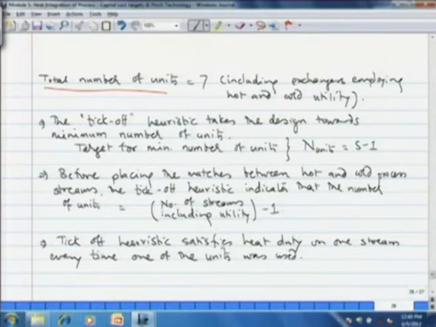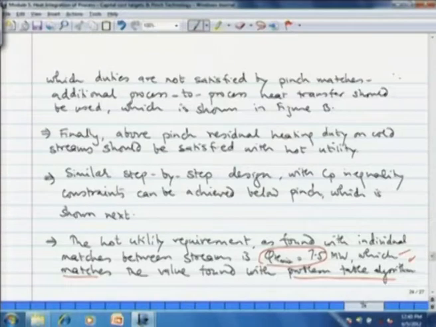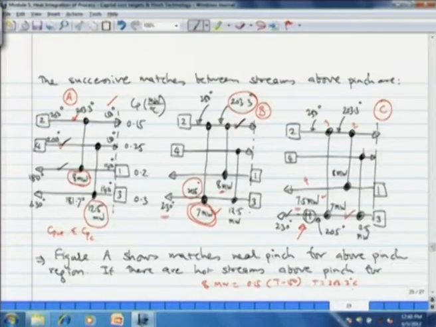The Tikoff heuristic takes the design towards the minimum number of units. When we used graph theory, we found that the minimum number of units was S minus 1, and this is what we seem to achieve exactly. For the above pinch region, we had 4 streams and 4 streams plus hot utility, so a total of 5 streams, and we ended up with 4 exchangers.